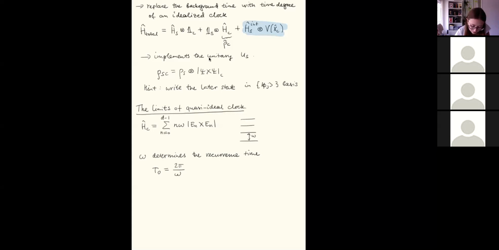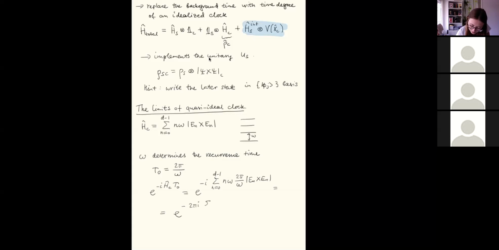And why? Because if we look at the evolution operator, e to the power minus i H_clock, evolving for the time T0, then this will give us e to the power minus i times the sum over n of omega, 2 pi over omega, n |n><n|. This gives us e to the power minus 2 pi i n.